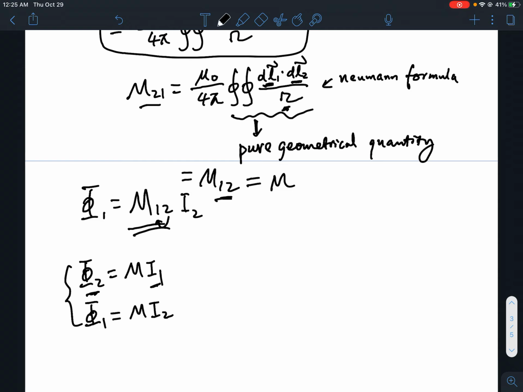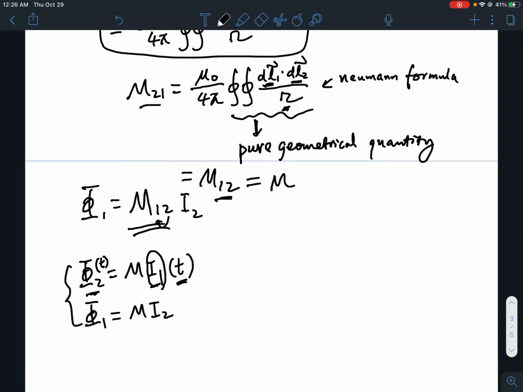You can also see that if we vary the current through loop 1, so if this I1 depends on time, then the flux also depends on time. And as we said, when the flux changes, it will induce an electric field in loop 2.